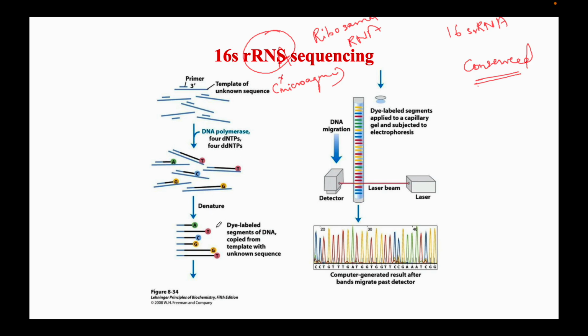We'll denature this, analyze the fragment length, and then we'll have the sequencing result. This is very important: this sequencing result will give us a specific signature.